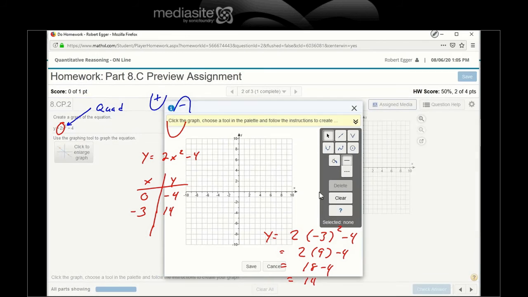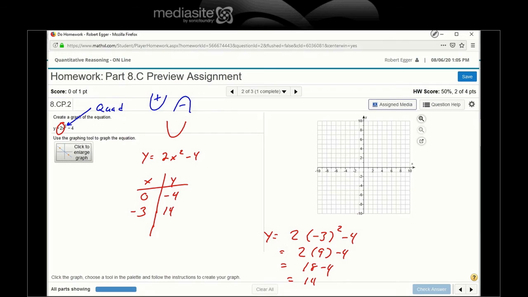May have gotten too big. Now, notice y equals 14 is too big. So let's go down. Let's go to minus 2 then. So 2 times minus 2 squared minus 4, which is 2 times 4 minus 4, 8 minus 4, or 4.